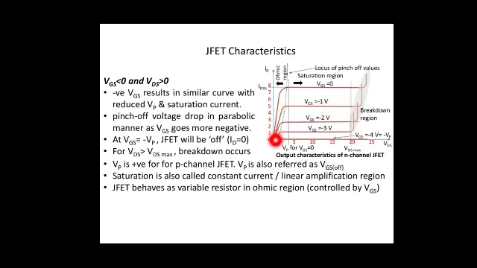If you apply VGS equal to -2 and increase VDS, your ID value increases up to a certain point, and after that it will be constant. Further, it is the same for -3 and so on.